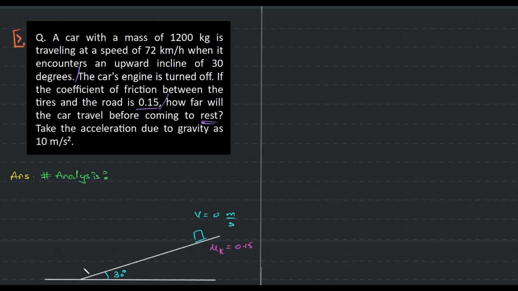And over here, we have the velocity to be 72 into 5 by 18, which is 20 meters per second.